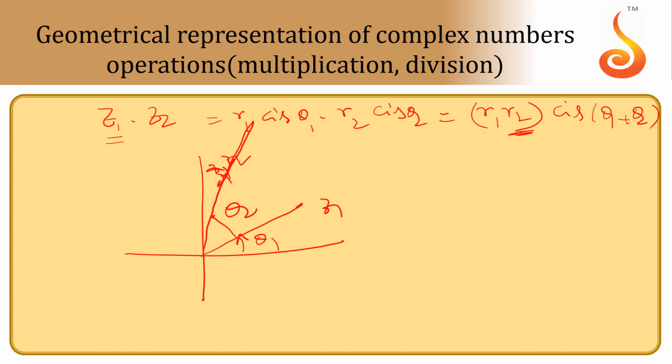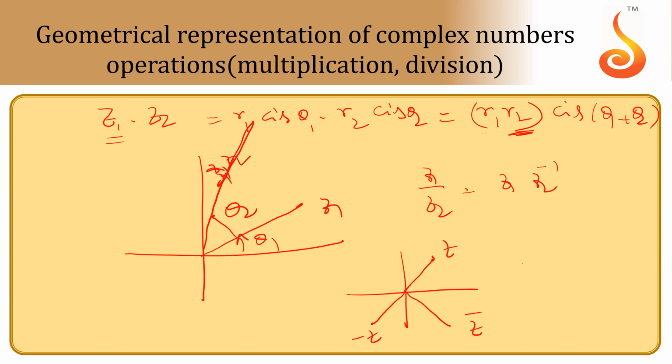Now when you want to see Z1 by Z2, it is nothing but Z1 into Z2 inverse. So to understand Z2 inverse, we should understand conjugate. I think you know that for Z, the additive inverse is the mirror image with respect to origin, and Z bar is the mirror image with respect to x-axis.